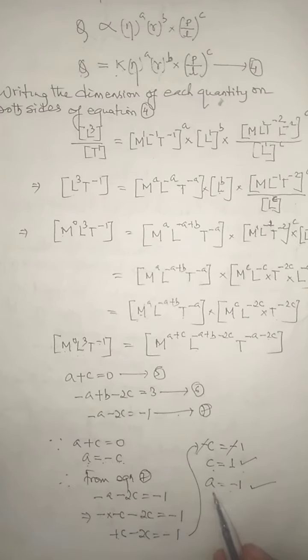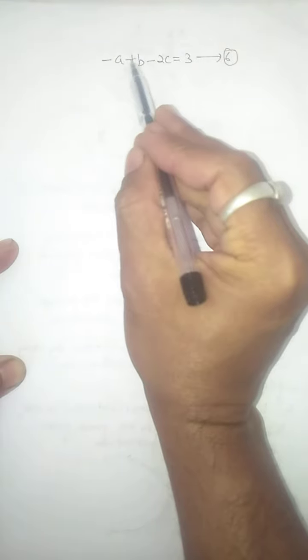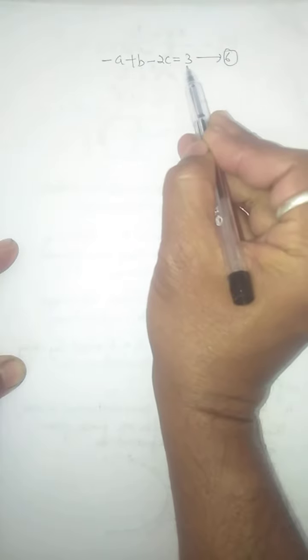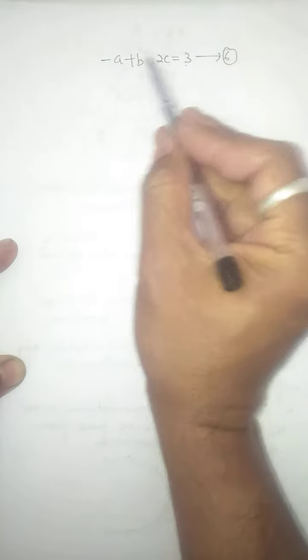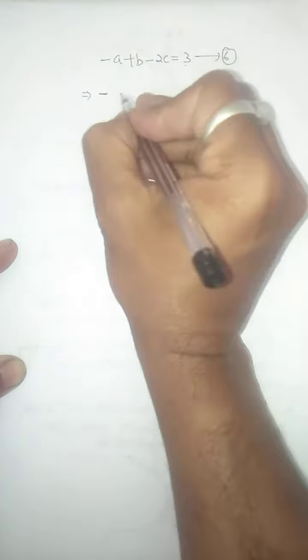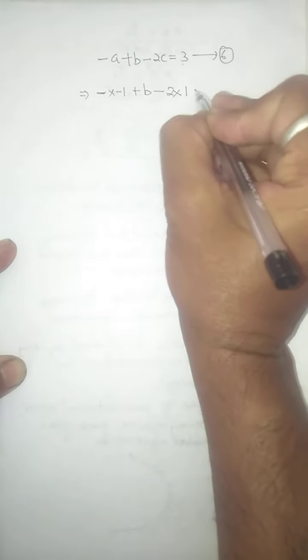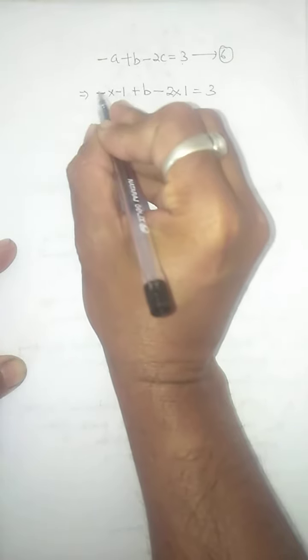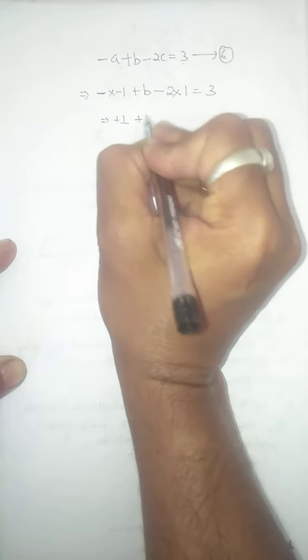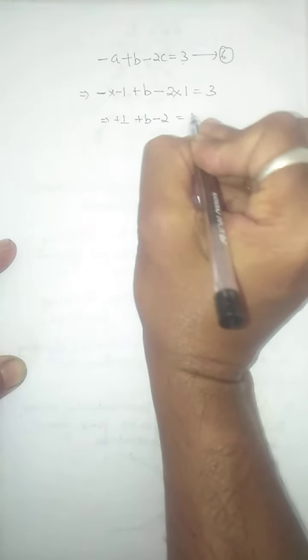Now this value of A and C, I substitute in equation number 6. You know what is equation number 6, children? Minus A plus B minus 2C equals 3. Now in this equation, I'll substitute the value of A and C so that we can calculate the value of B. So minus A equals minus of minus 1, that is plus 1, plus B, I write the same because I need to calculate B. 2 into C is how much? 2. So 1 plus B minus 2 equals 3.